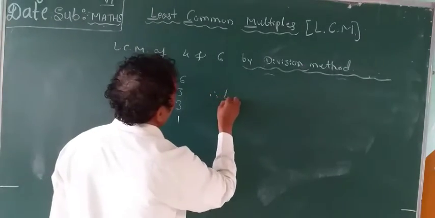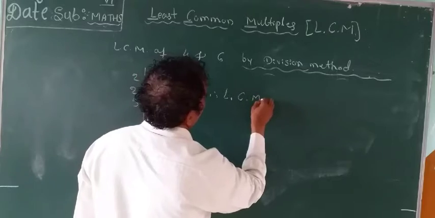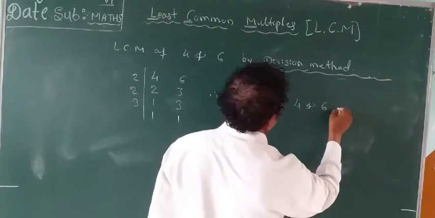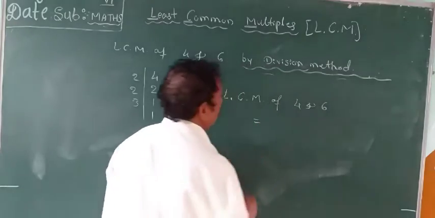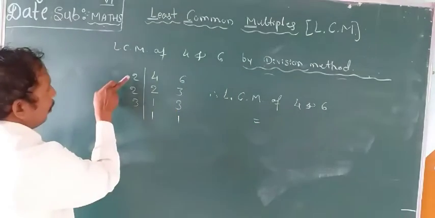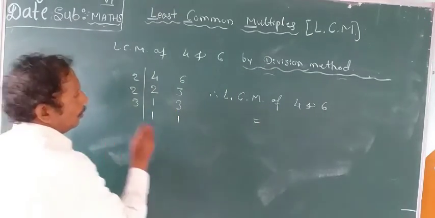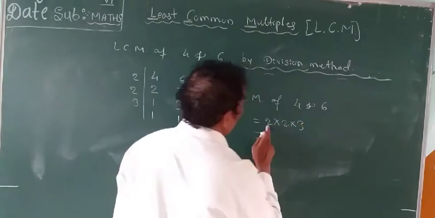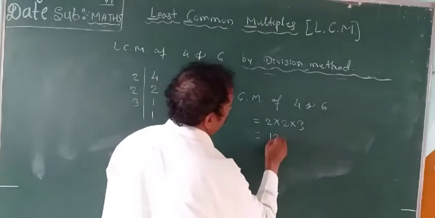Therefore, LCM of 4 and 6 is equal to the product of 2, 2, 3. 2 into 2 into 3. 2 2s are 4, 4 3s are 12.